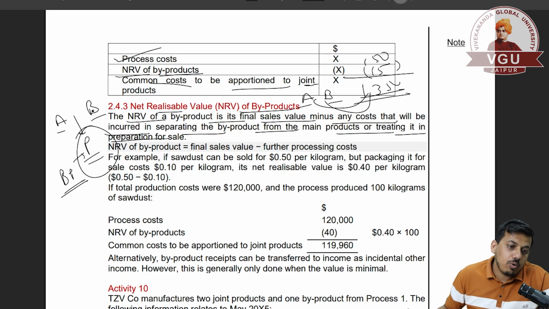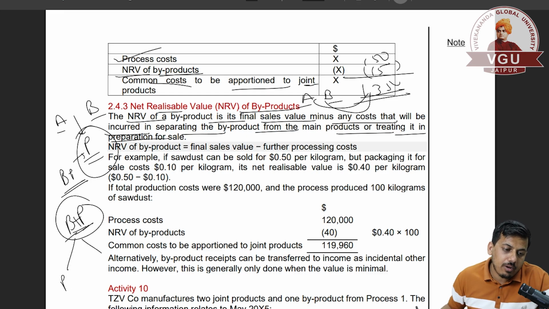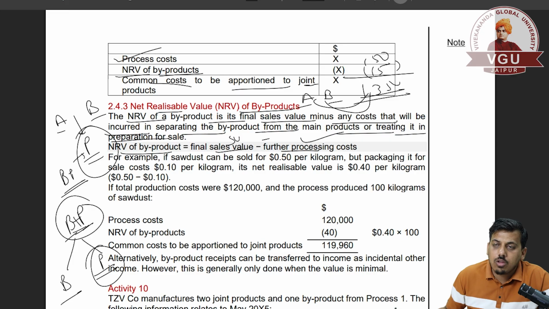But suppose P is joined with product B and we want to separate it from B. Then the further processing or separation cost will be deducted from the sales value. So the NRV of a byproduct is the sales value minus further processing cost.